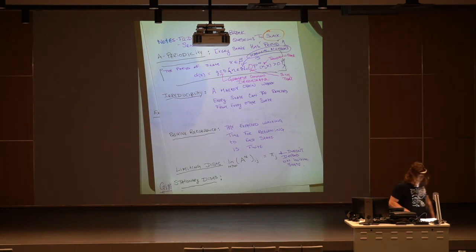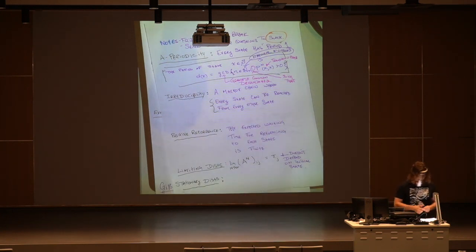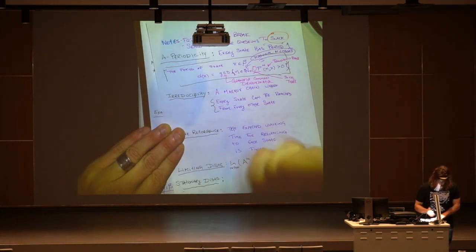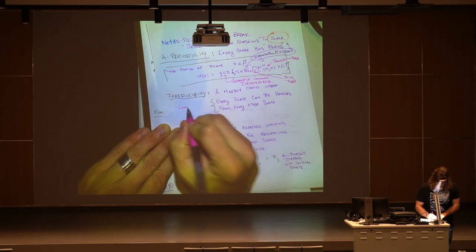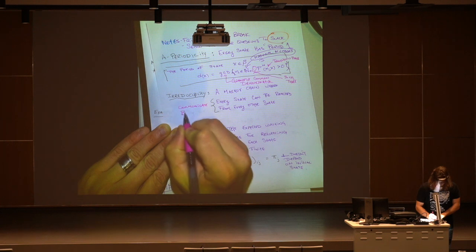Irreducibility says that every state can reach every other state, so you don't get trapped. This right here means communication between states. So this is what is said to communicate between states.